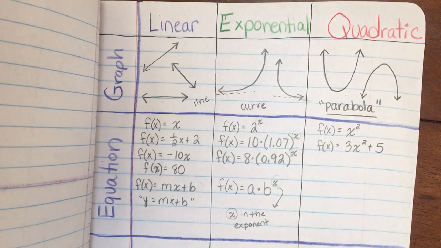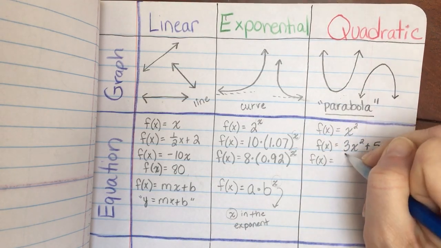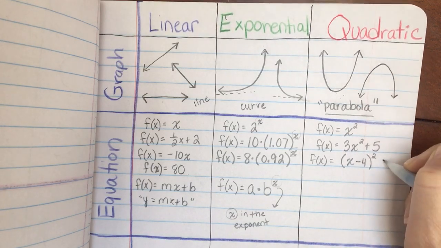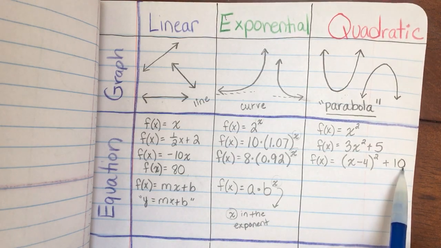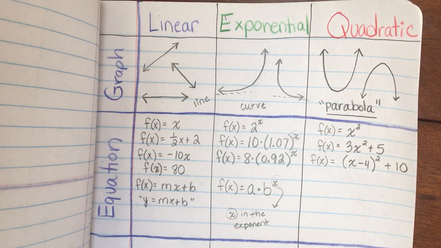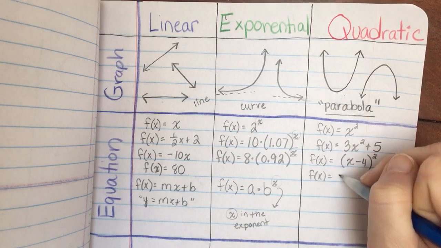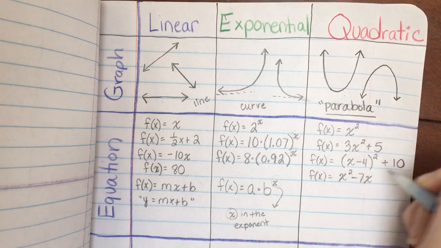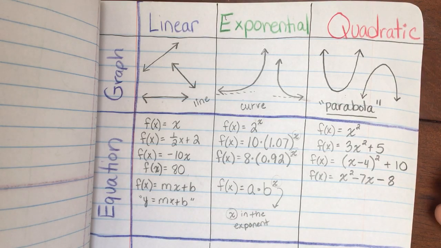That's an example of a quadratic. f of x equals x minus 4 squared, and then a plus 10 on the outside there. That whole equation, that function, is a quadratic function. f of x equals x squared minus 7x minus 8. That's a quadratic function.